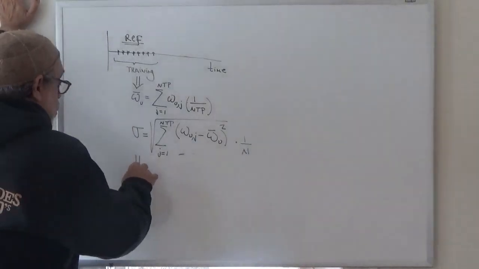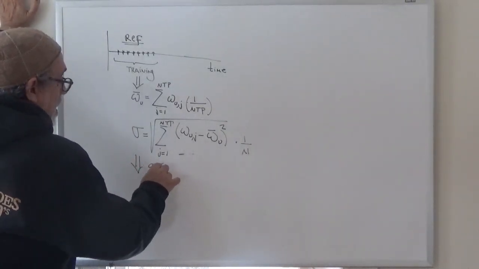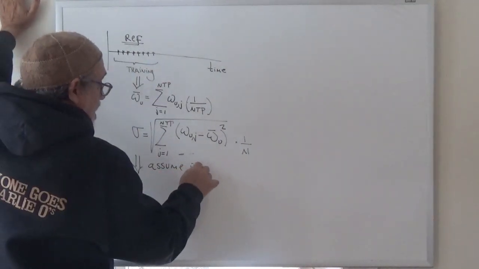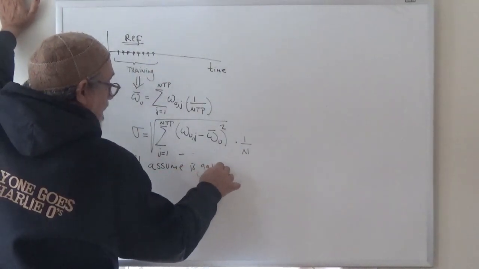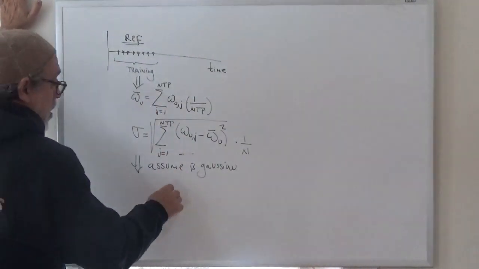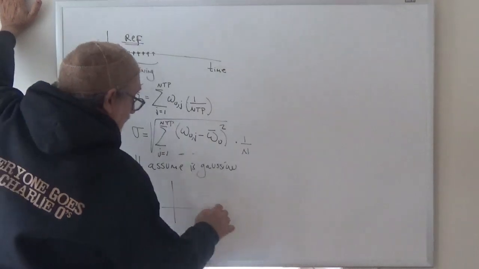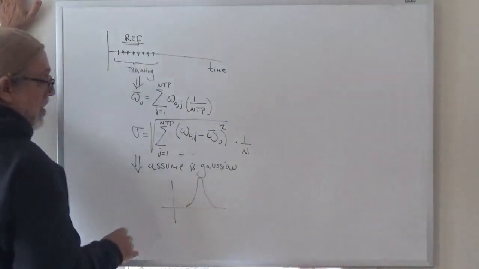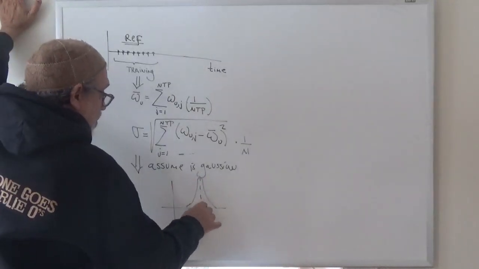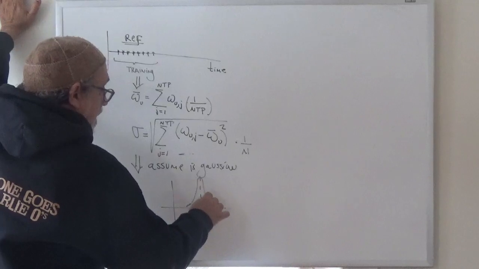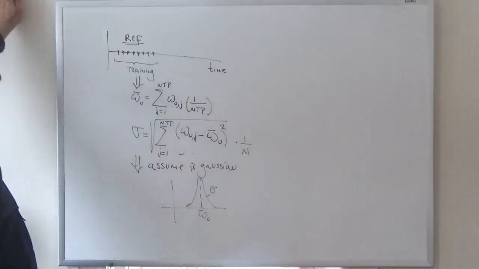Now, if we assume that this data is Gaussian, then those two numbers are all we need in order to fully sketch the distribution, because the distribution is exclusively dependent on the mean and the standard deviation.